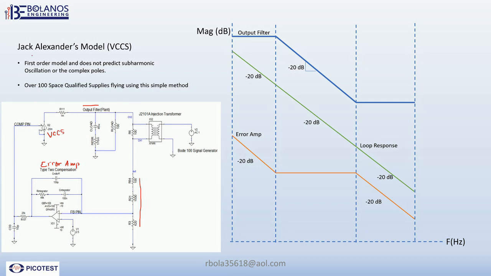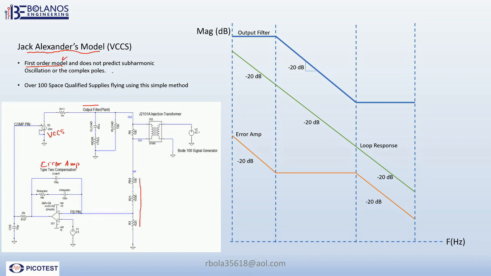That is Jack Alexander's model, the model that my mentor taught me many years ago. This model is a first order model, and it does have limitations. It does not predict the subharmonic oscillations or the complex poles.